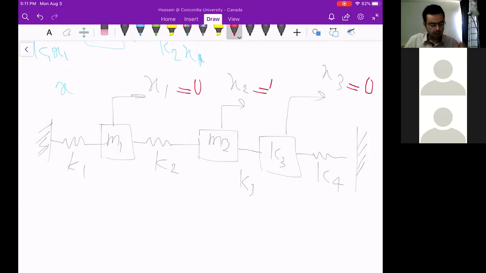As soon as I displace the mass either to the left or right, if I displace to the right, these two springs will oppose the motion, K2 and K3.